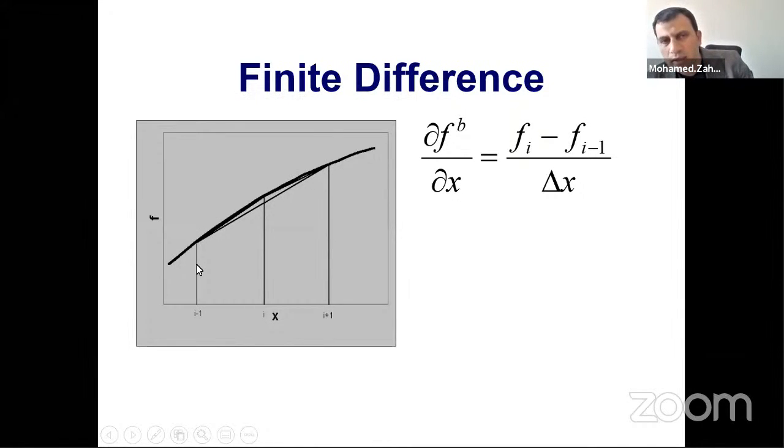To make it simple, it's the slope. The finite difference, or the derivative, is the slope. And to calculate the slope, you just need two points and divide by the distance.